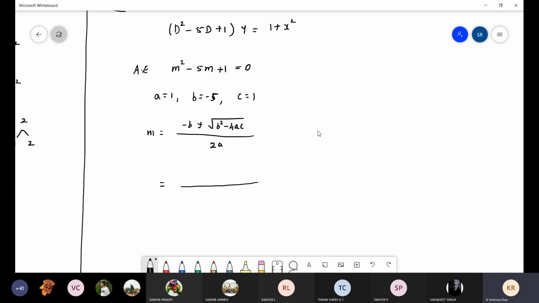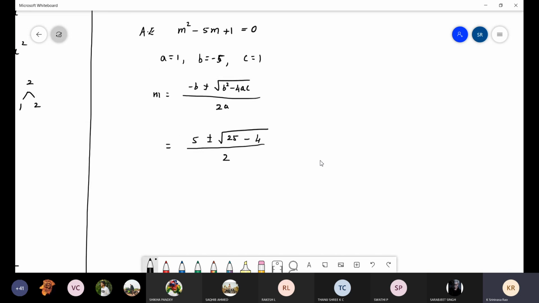Minus b means already b is minus 5, minus gives plus. Plus or minus square root of b square is 25, minus 4ac is 4, divided by 2a is 2.